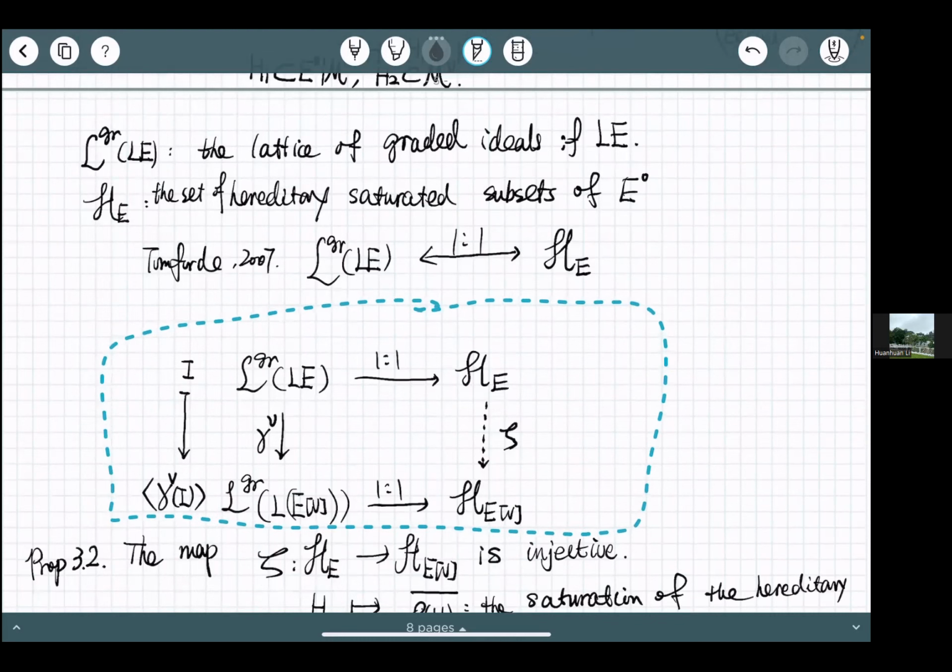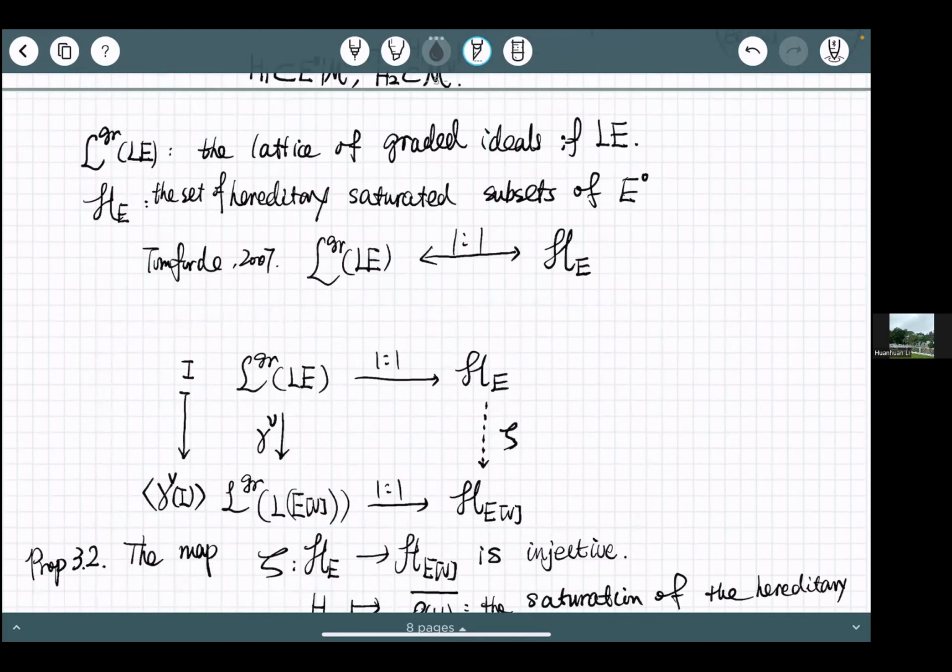We first begin with H in HE. This H corresponds to some I, which is a graded ideal of LE.